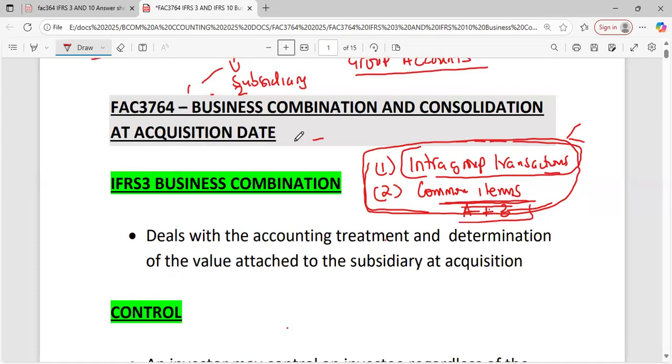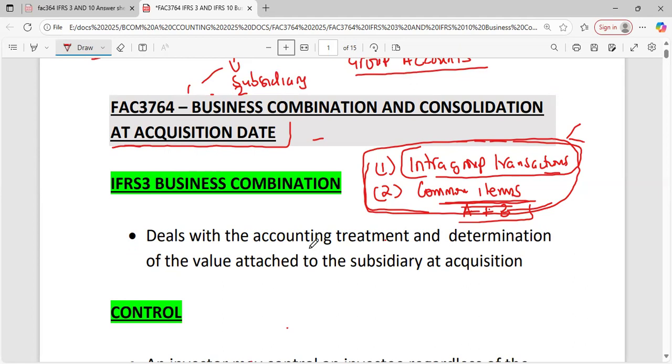Right, so let's look here. We're going to focus on what happens at acquisition date. When we acquire a subsidiary, how do we treat the transactions at acquisition date?